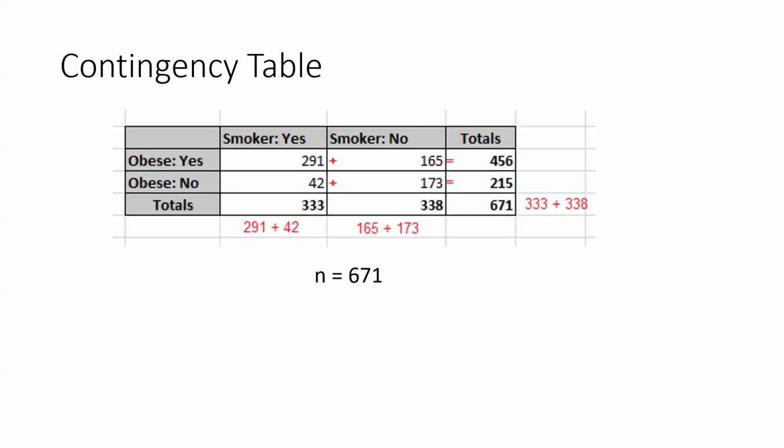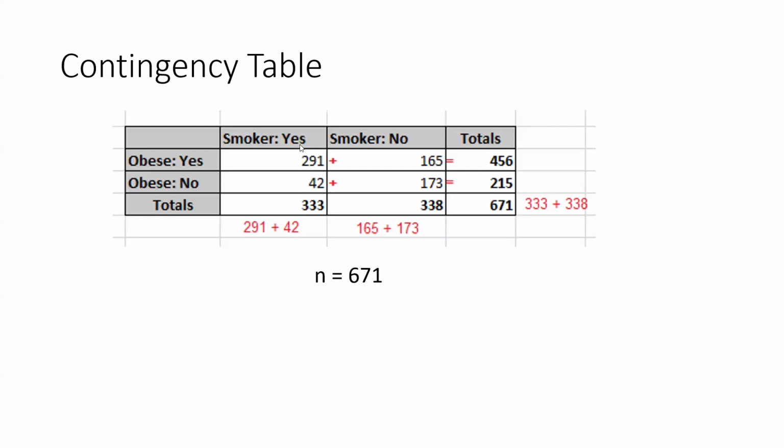So we have, again, a total of 291 smokers who are also obese. The question then is, how many individuals do we have who are obese, regardless of whether or not they smoke? To find that, we would have to sum across these columns.